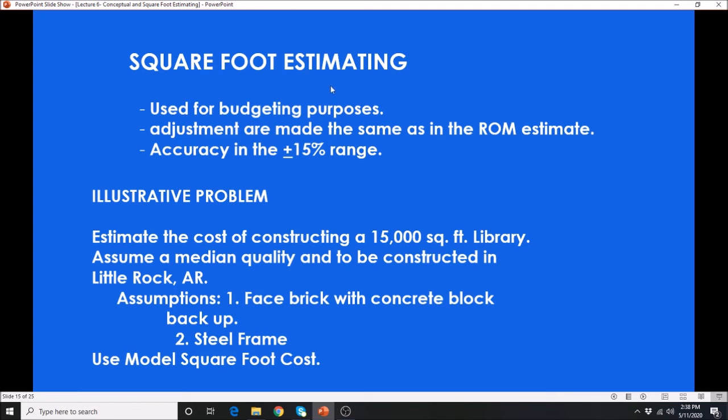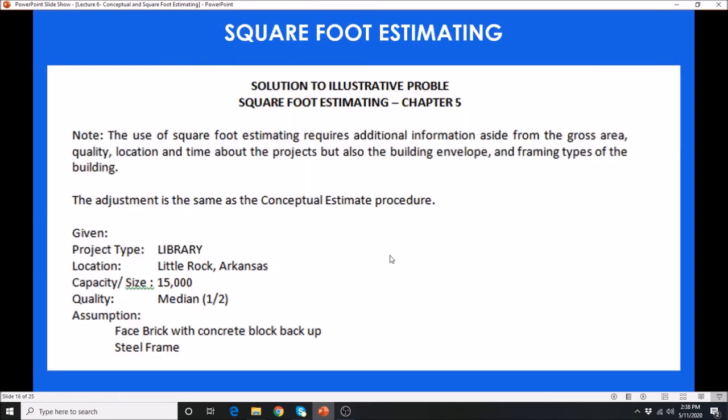Alright, so for this particular project, we have a 15,000 square foot library. It is to be built in Little Rock, Arkansas, and we have some assumptions of face brick with concrete block and a steel frame. We are asked to use the model square foot cost.